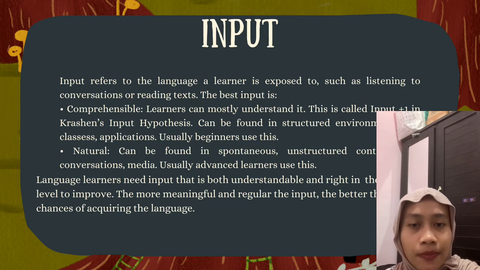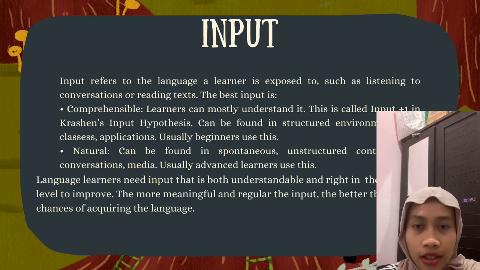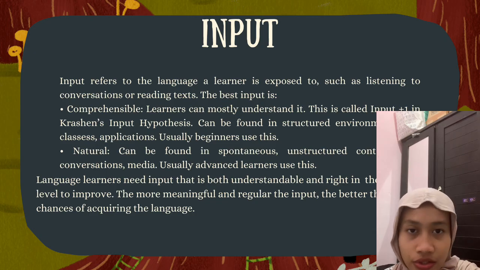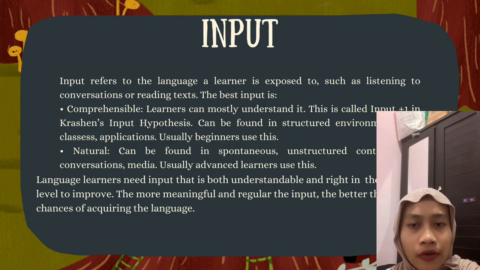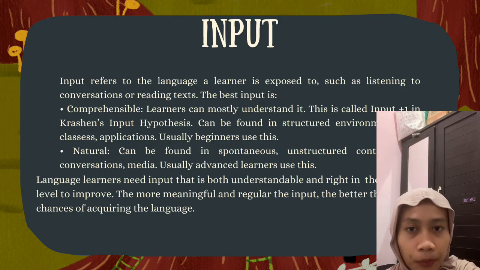This is called input plus one in Krashen's input hypothesis. And the second one is natural input. It comes from real life situations, not just textbooks. Language learners need input that is both understandable and just above their current level to improve. The more meaningful and regular the input, the better the learner's chances and opportunity of acquiring the language.